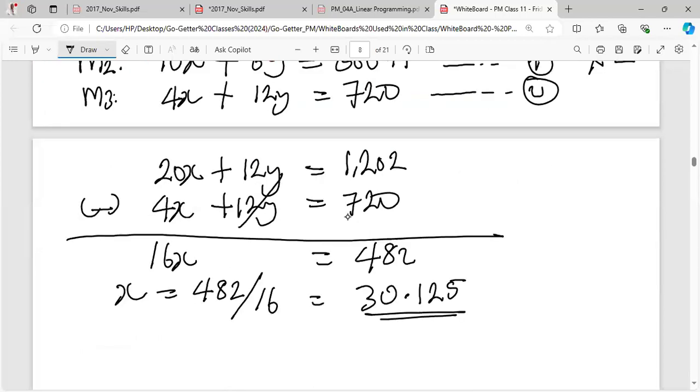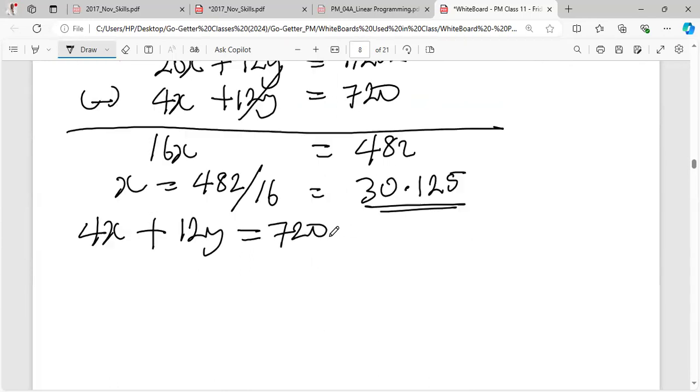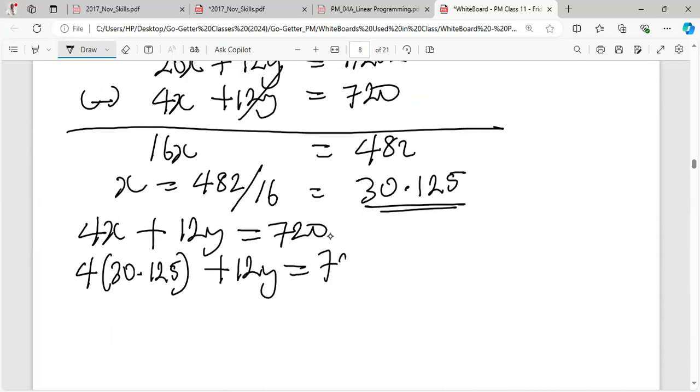We have 4x plus 12y, which is 720. Our x already is 4 times 30.125 plus 12y will give me 720.